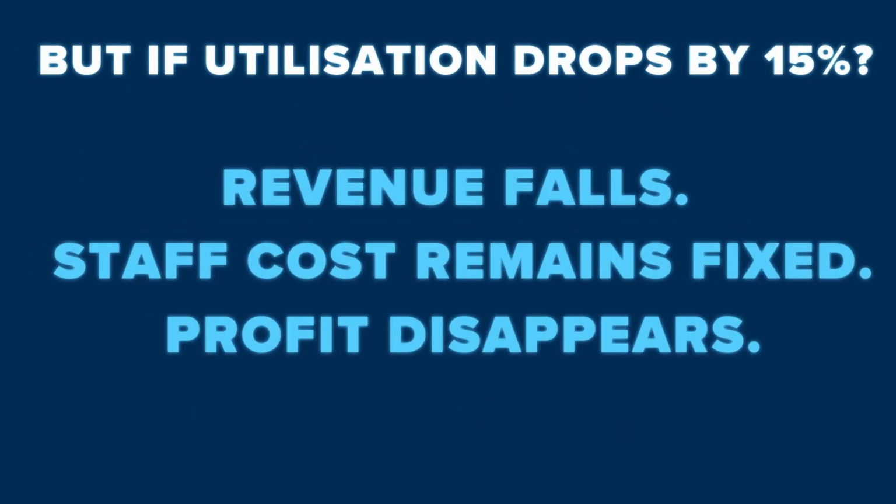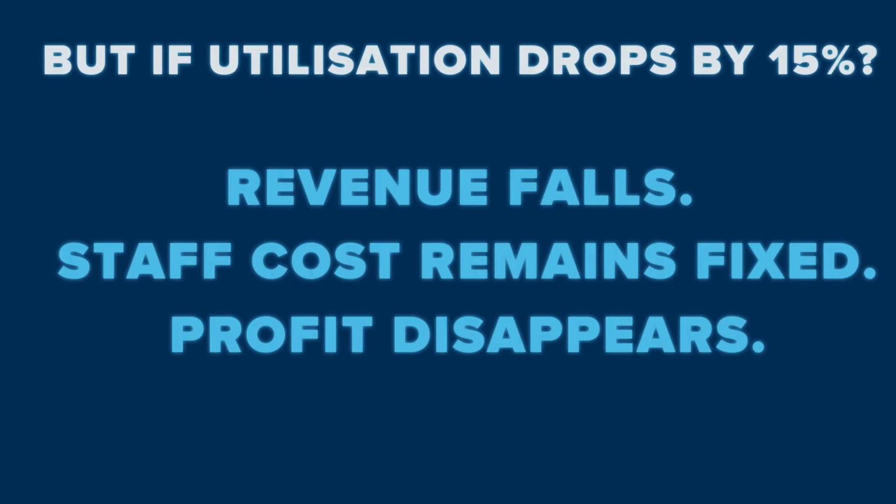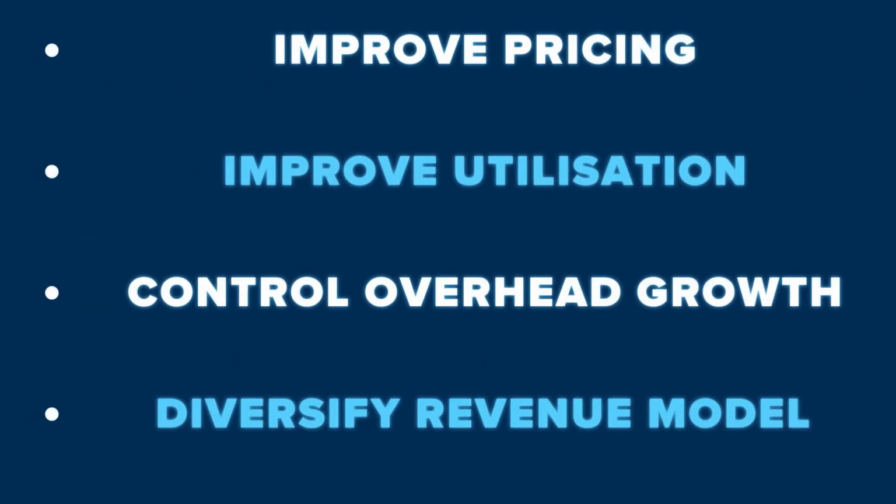But if utilization drops by 15%, revenue falls, staff costs remain fixed, and profit disappears. The model is labor dependent. So the real decision is not getting more clients. It is improving pricing, improving utilization, controlling overhead growth, and diversifying the revenue model. This is structural thinking.